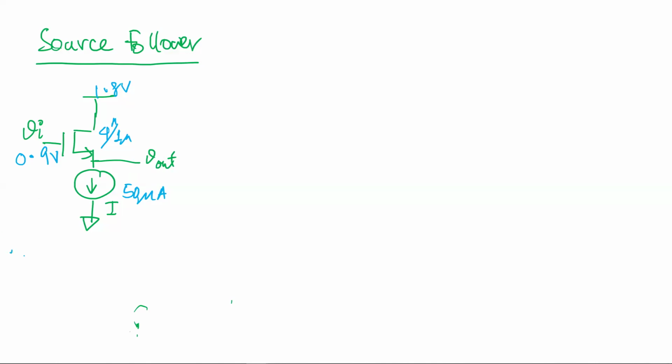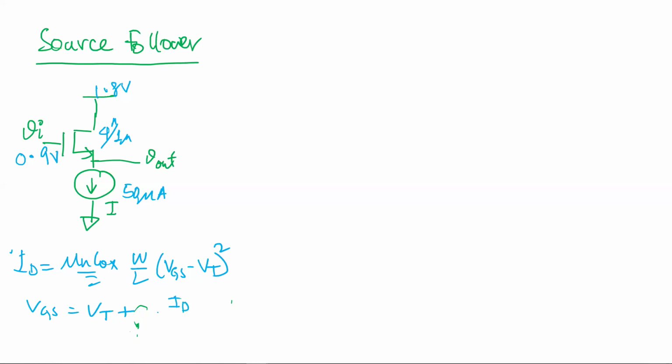If you write the equation, ID is equal to mu n Cox over 2 W over L times VGS minus VT, whole square, right? And if you rearrange this term, then VGS is equal to VT plus root over 2 ID over mu n Cox W over L, right?